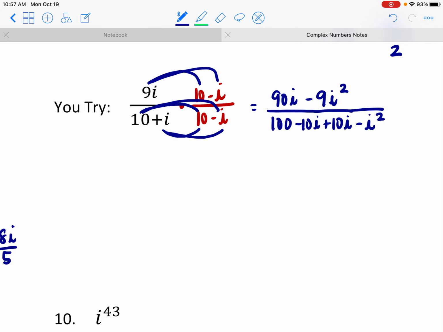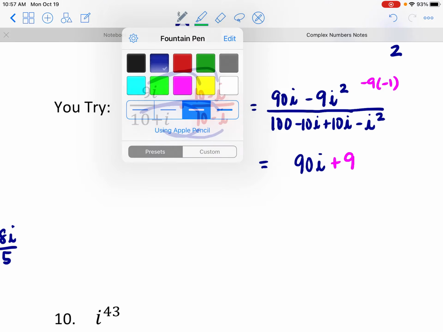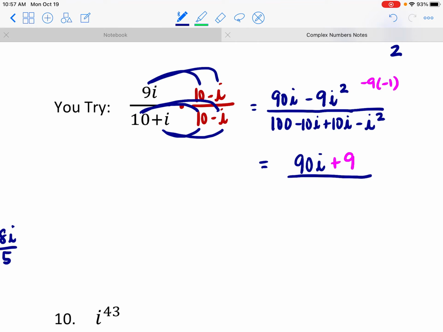So now we can simplify a whole bunch. We've got 90i, and then this becomes a negative 9 times a negative 1, which again makes this a positive 9. And then on the bottom, we have terms that cancel, and negative times an i squared is a negative times a negative 1, which makes that a positive 1. So we've got the 100 and the positive 1, so 101.